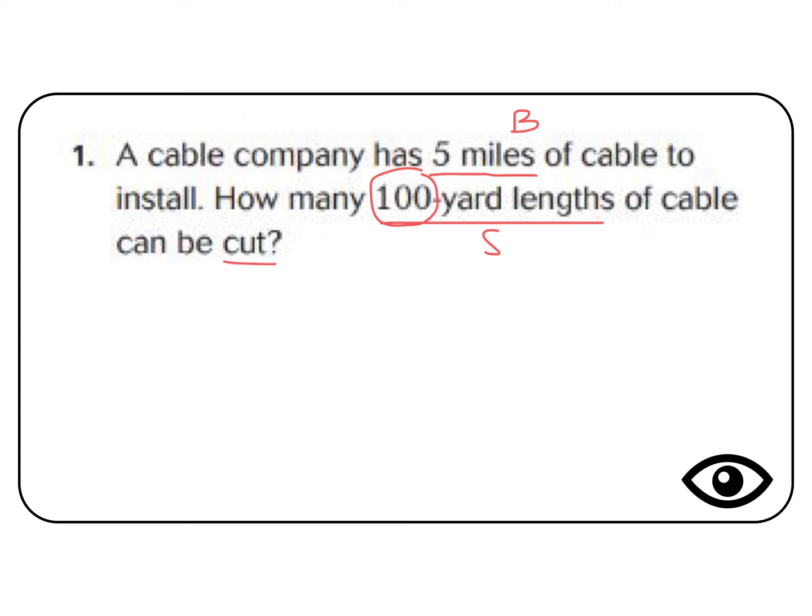So in 1 mile, there is 1,760 yards in 1 mile, but I don't just have 1 mile, I have 5 miles, so I need to multiply.